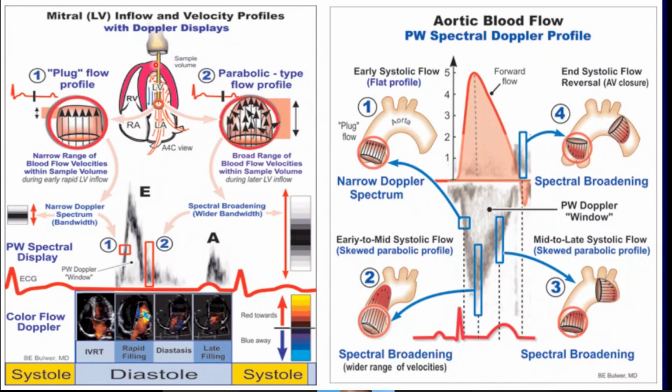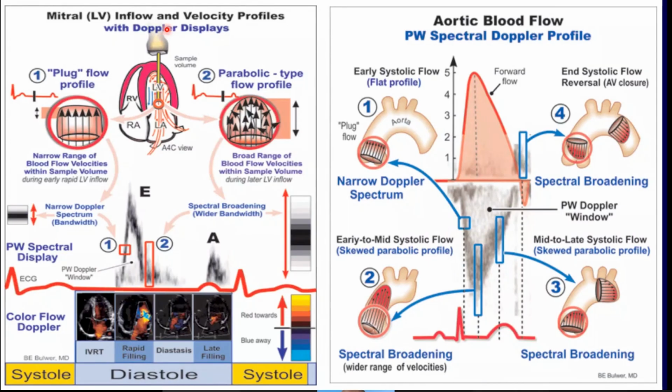At the apex, you have put the probe, and you're trying to look at the velocity profile across the mitral valve. Because the blood flow is coming from the left atrium into the left ventricle, in transthoracic echocardiography using this apical 4-chamber view, blood is coming from the left atrium to the left ventricle during diastole.